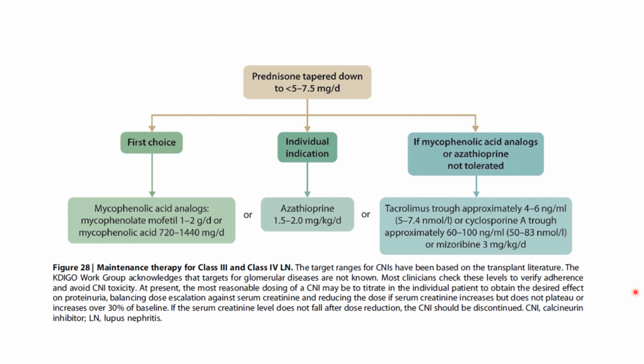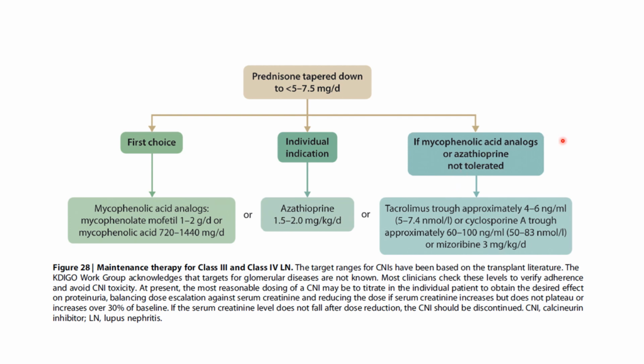Okay, after tapering prednisolone, what is the add-on immunosuppressive therapy? The first choice are the mycophenolic acid analogs. For individual indications, we can use azathioprine.